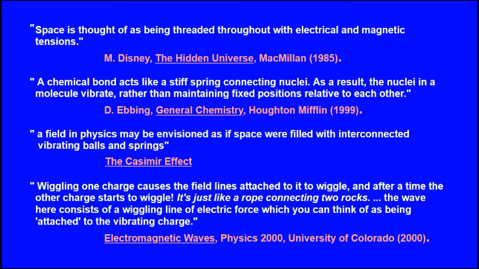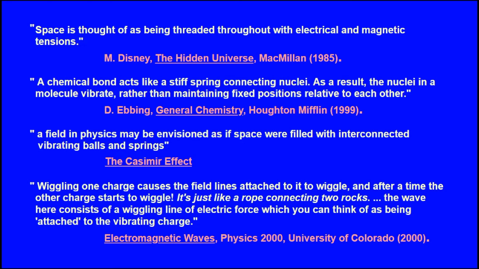Another one says a chemical bond acts like a stiff spring, talking about an object there, connecting nuclei. As a result, the nuclei in a molecule vibrate rather than maintaining fixed positions relative to each other. So there's this bond, whatever bond is, that somehow connects any two atoms there.